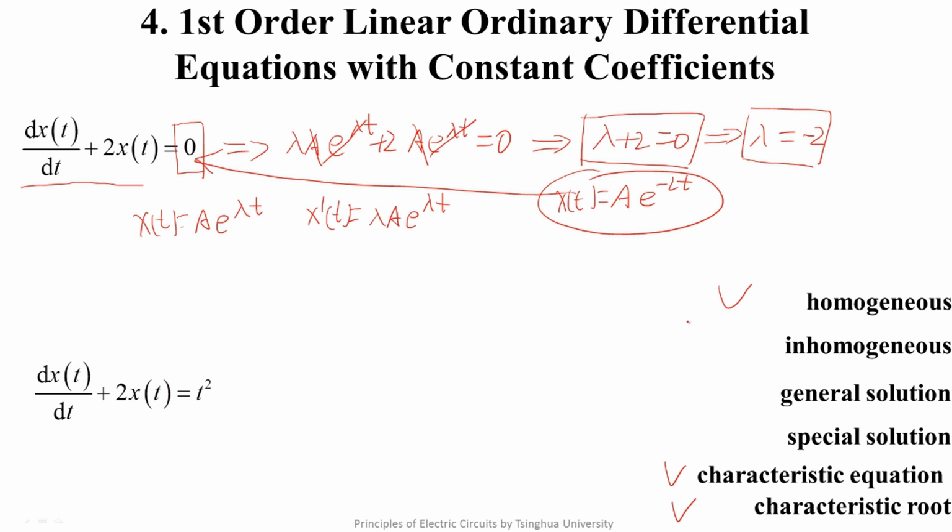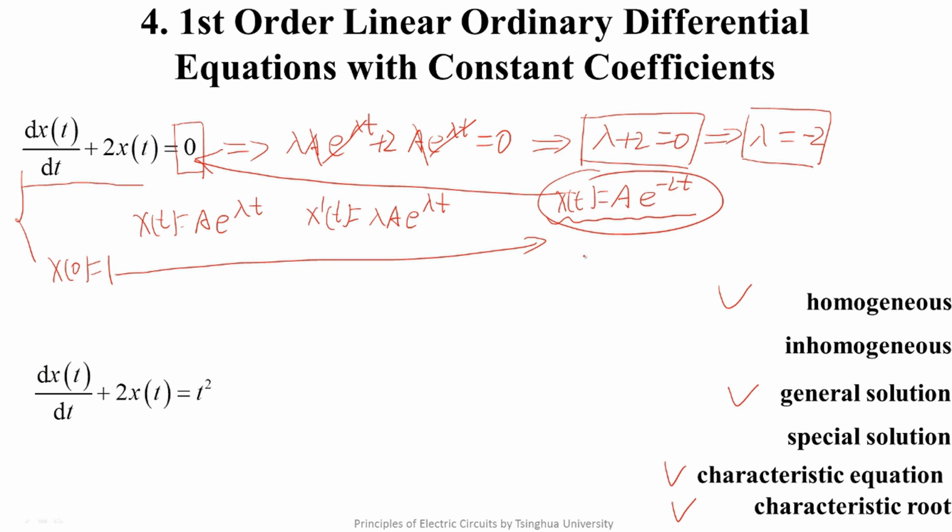For such a homogeneous equation, we have found the solution with the arbitrary coefficient a. The solution satisfies the homogeneous equation. We call it the general solution. If the equation has an initial condition, suppose x(0) is 1, we can substitute the initial condition into the general solution.